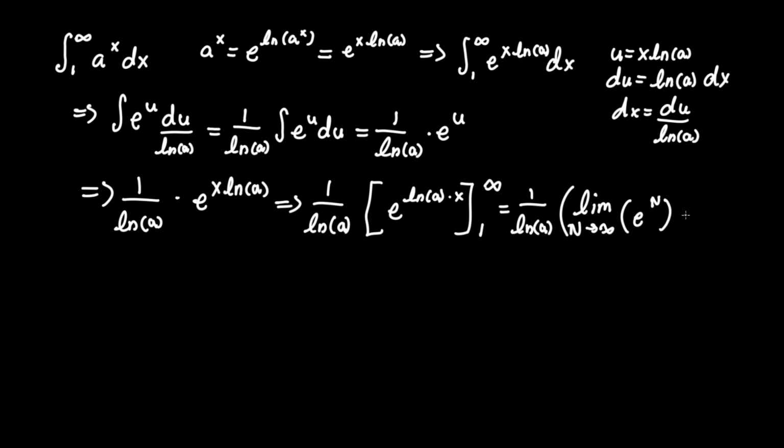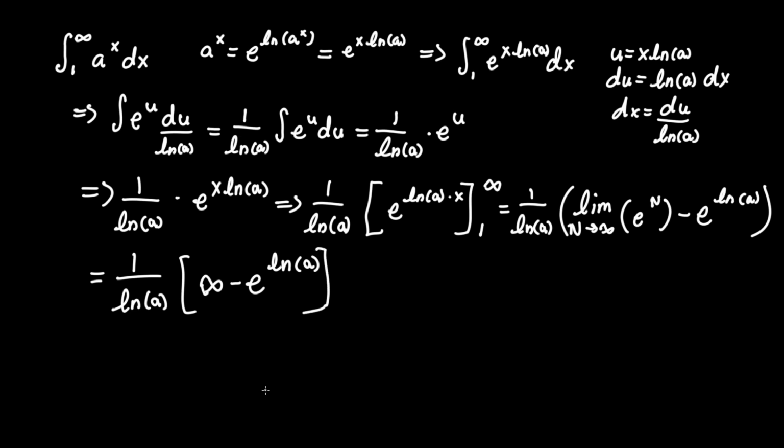And this will be subtracted by the lower boundary of e to the ln a times 1, which is just e to the ln a. And evaluating this, we can easily see that e to the n will include infinity, so you could just say that's 1 over ln a times infinity minus e to the ln a.